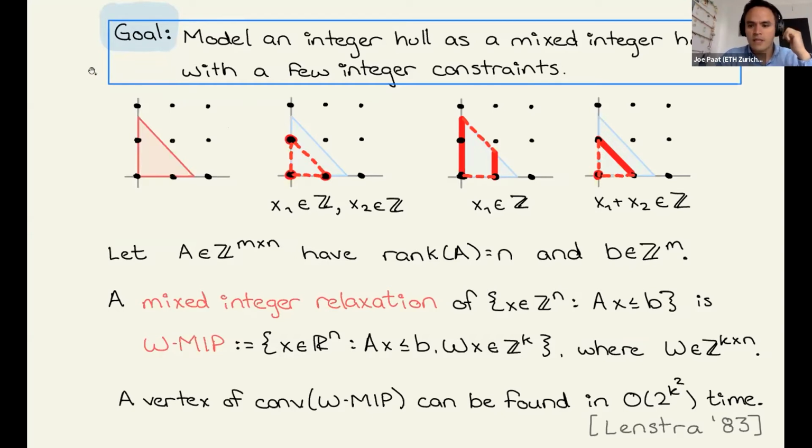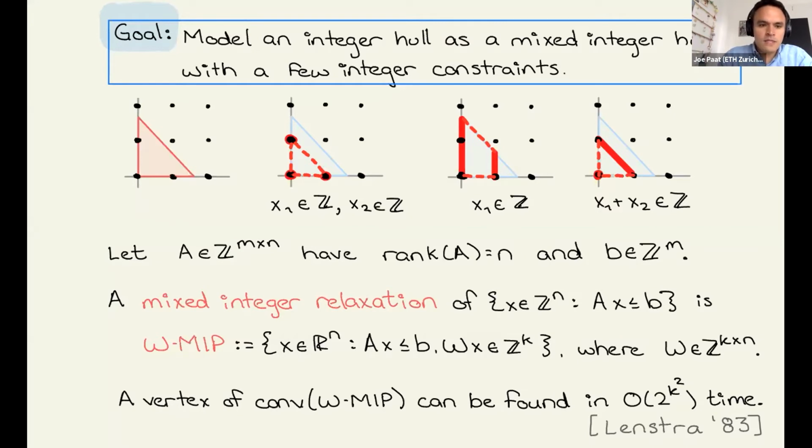Okay, and this is something that follows from Lenstra's algorithm with a little bit of extra work. Okay, so if we can possibly take this integer hull, model it as a mixed integer hull with fewer constraints, then by this result of Lenstra, we can find an integer point more efficiently, at least in theory.